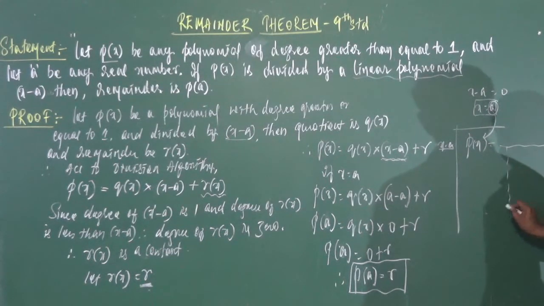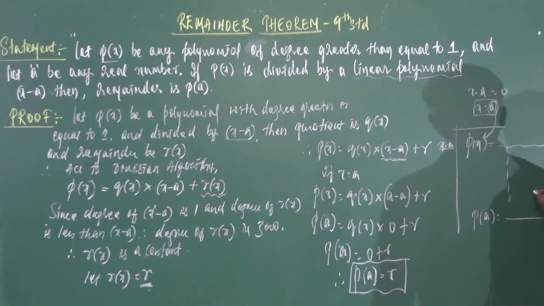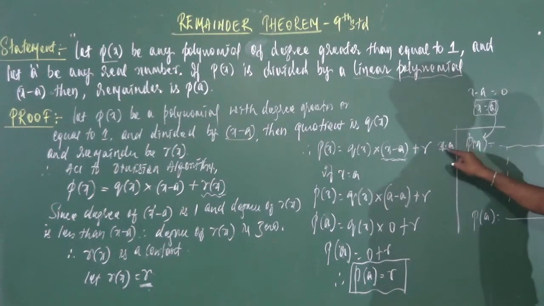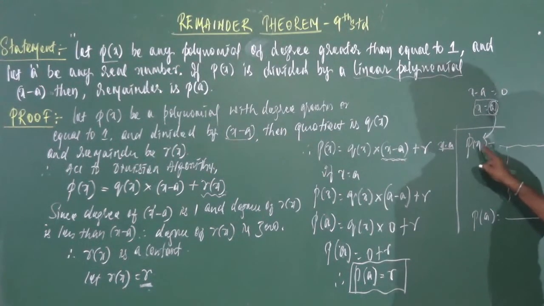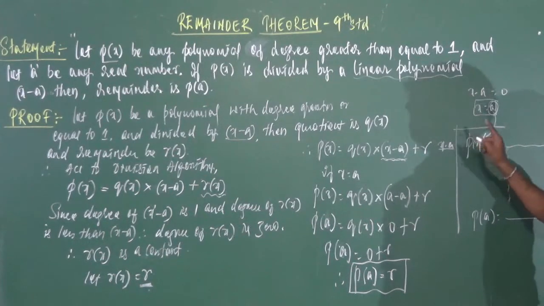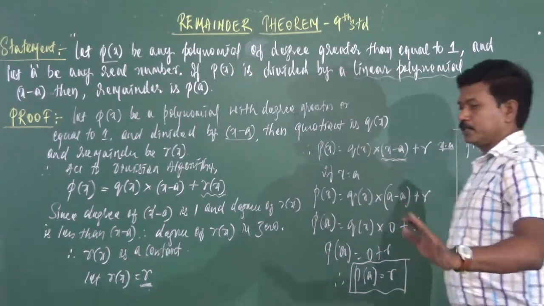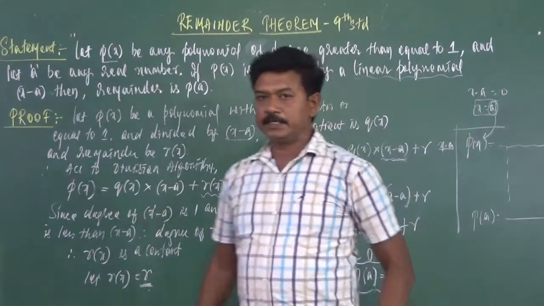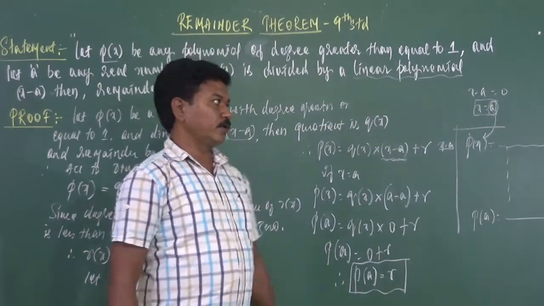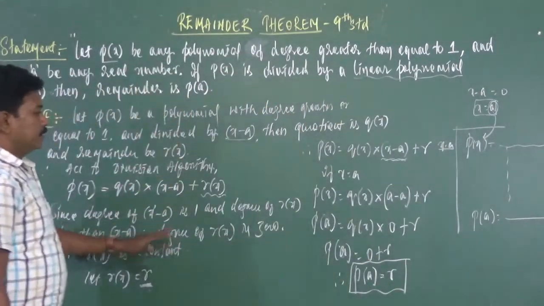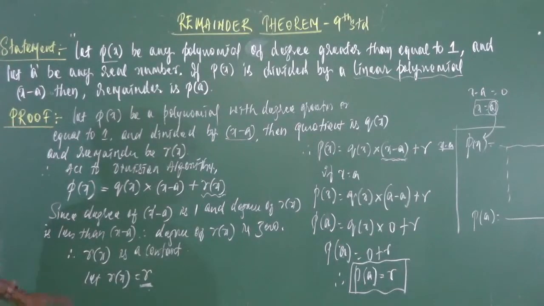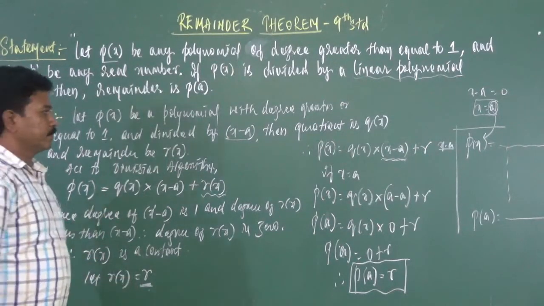Go on simplifying this. So p of a, what you are going to get at the end, will be the remainder when x minus a divides p of x. So compulsorily here, x minus a should be a linear polynomial. For p of x, there is no restriction on the degree. So this is what we call the remainder theorem. Very, very important. You have to learn this very logically.